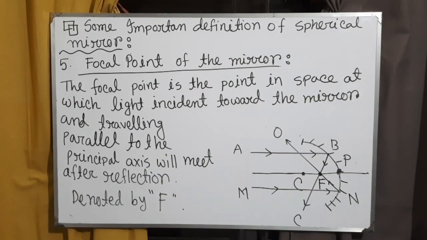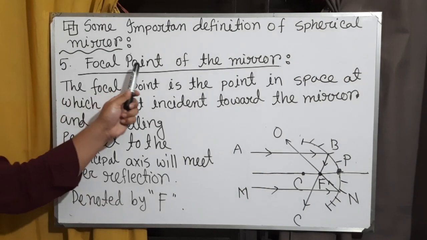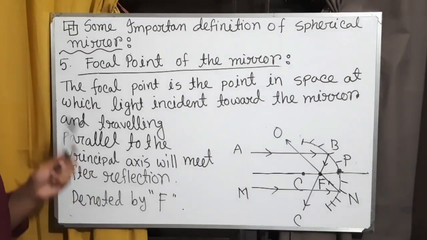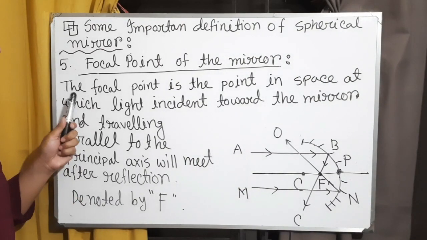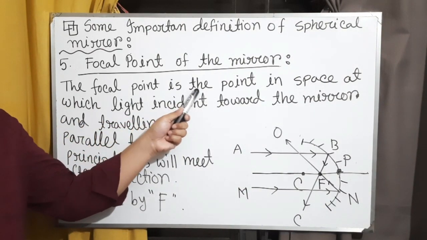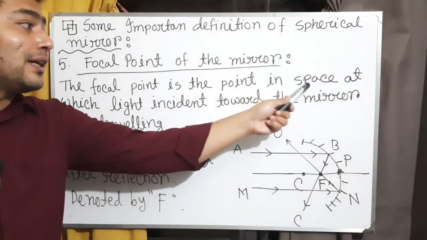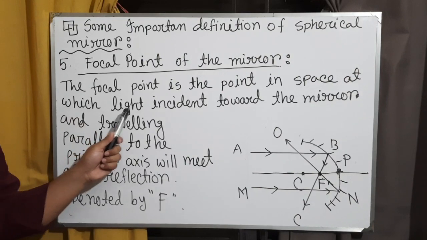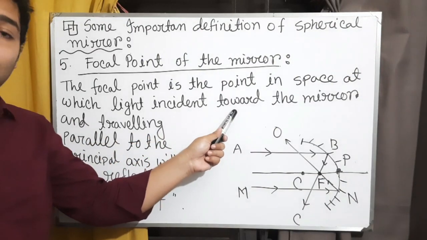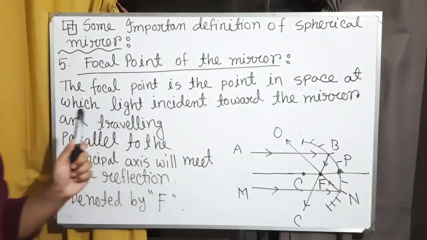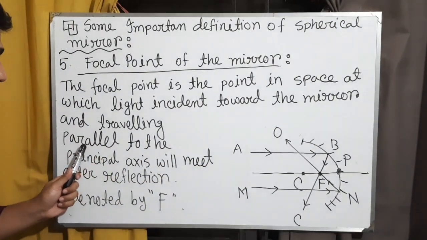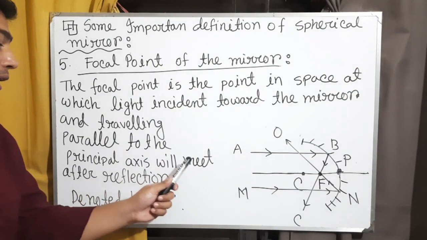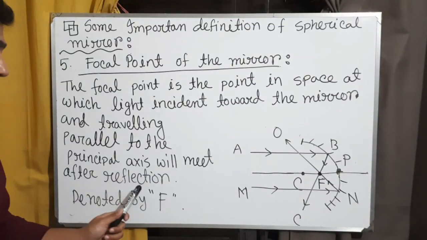Now our definition is the focal point of the mirror. The focal point is the point in space at which light incident toward the mirror and traveling parallel to the principal axis will meet after reflection.